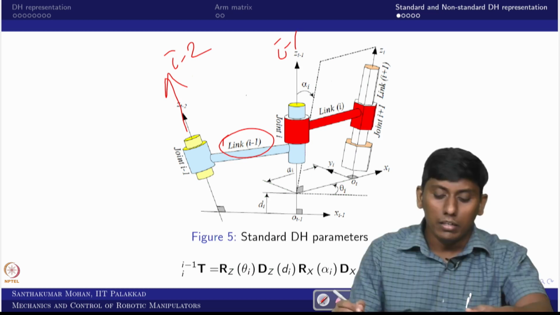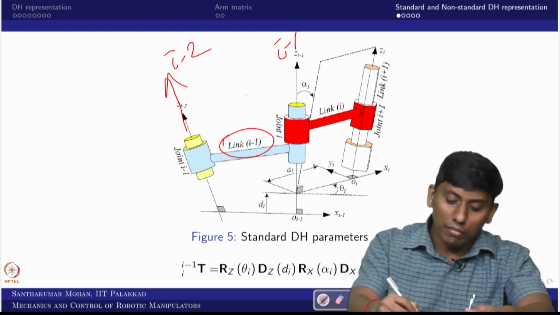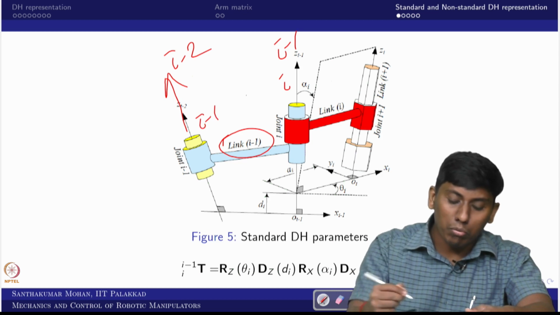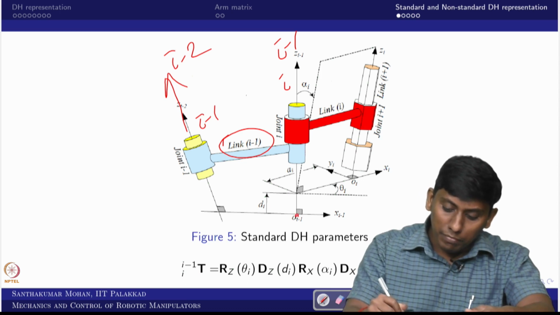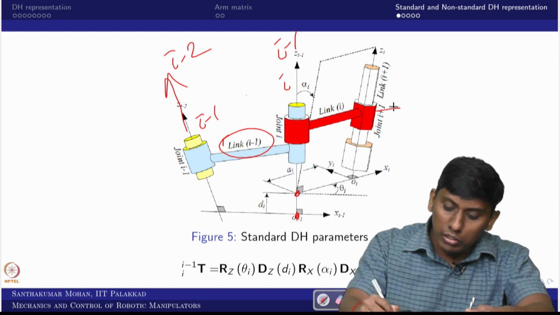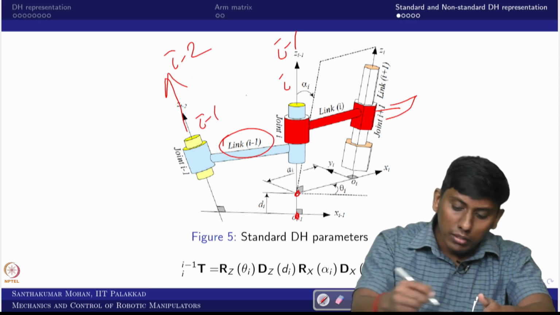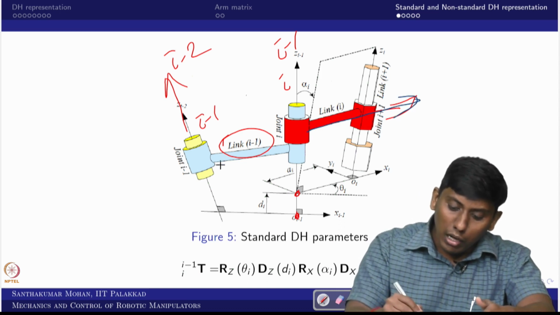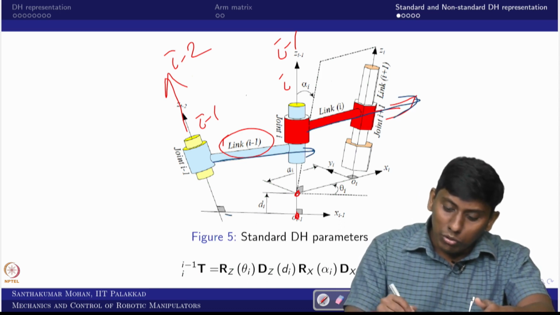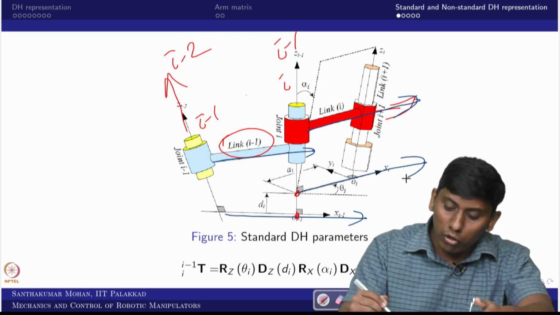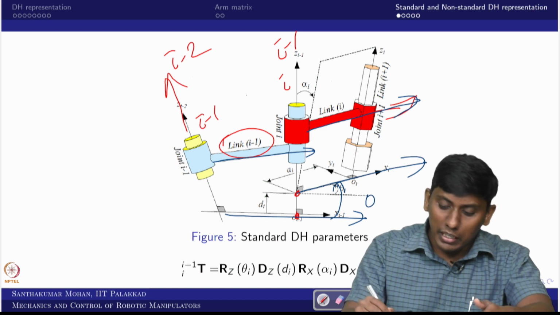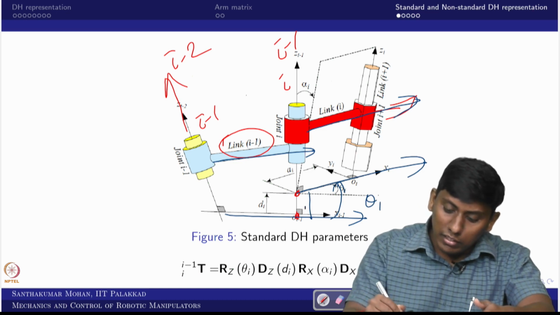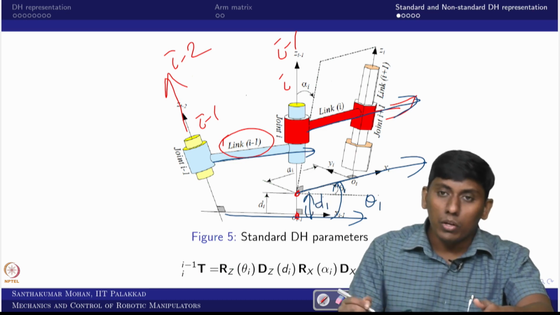This is i and this is i minus 1. What we are trying to realize in the standard form is, you take this point and see how this link progresses. So this angle you call theta_i and this distance you call d_i.